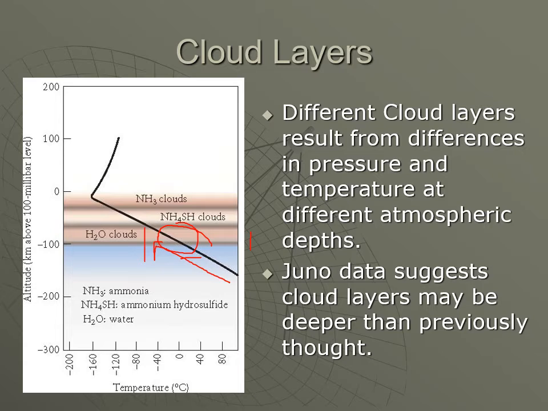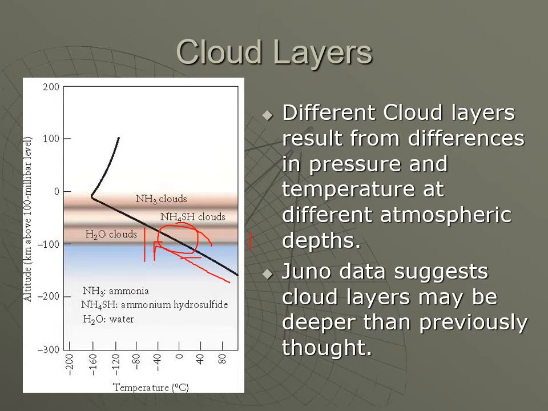And so the ammonium hydrosulfide clouds are going to be a different color than the water clouds. Water clouds typically reflect all different wavelengths of light, and so they tend to be white. The ammonium hydrosulfide clouds reflect the longer wavelengths more, and so they tend to be darker in color.